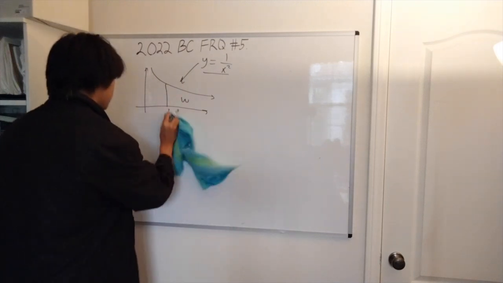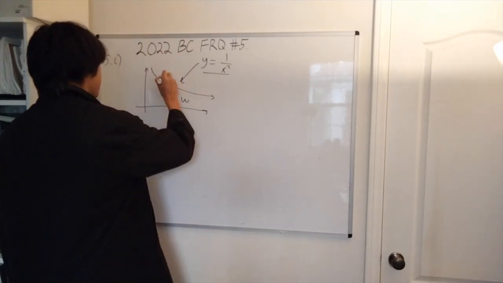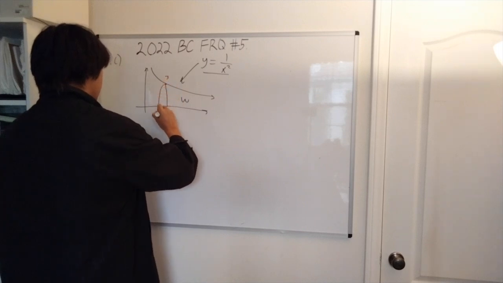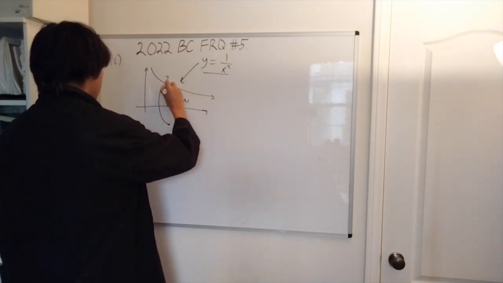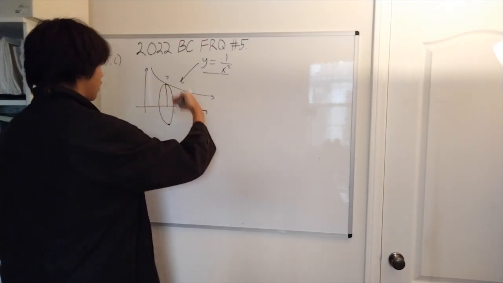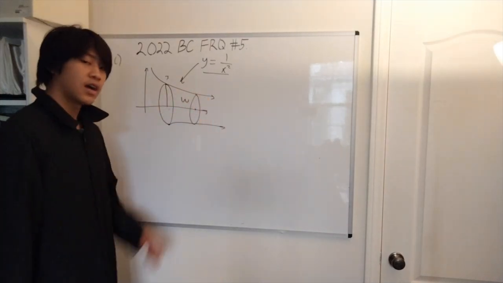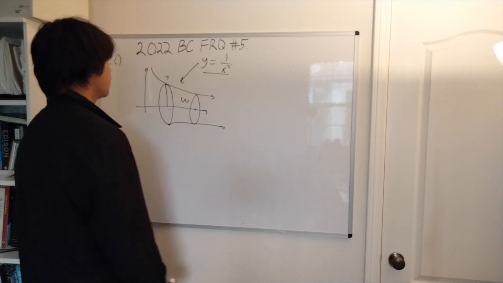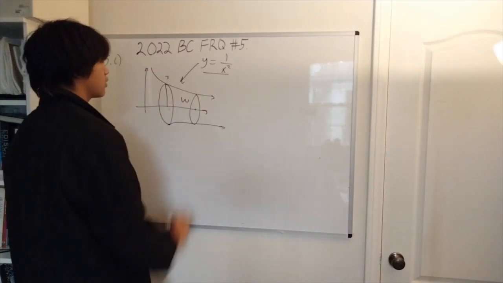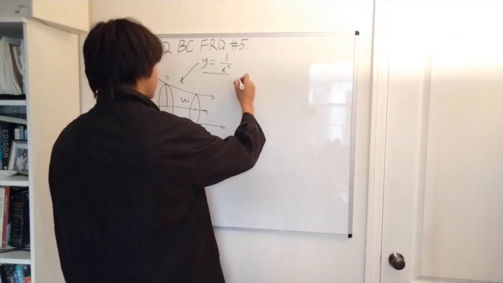So this will give us something that looks like this. Rotated all around. So it's kind of like a cone. And basically, we're just adding a bunch of circles. So it's another integral.